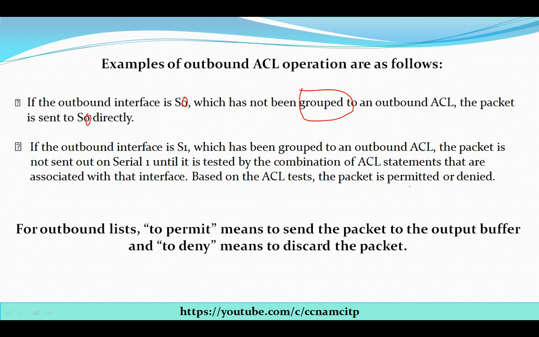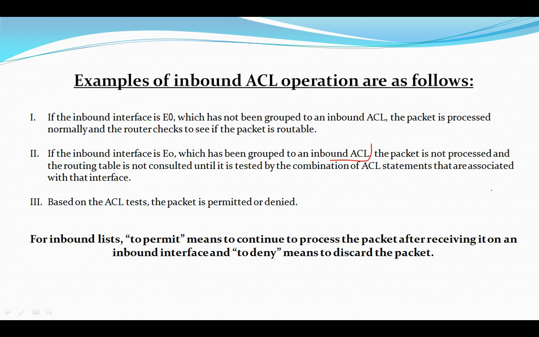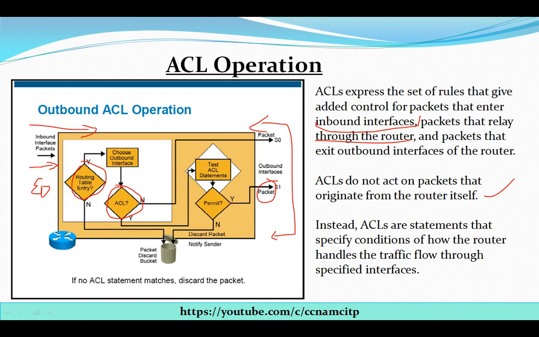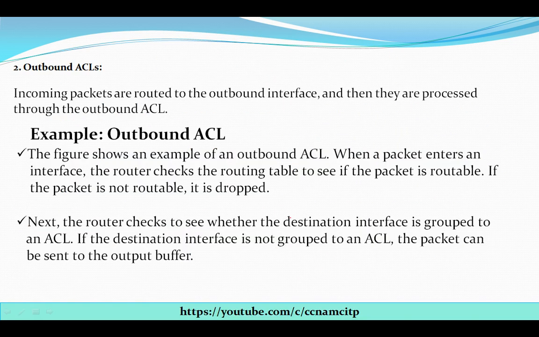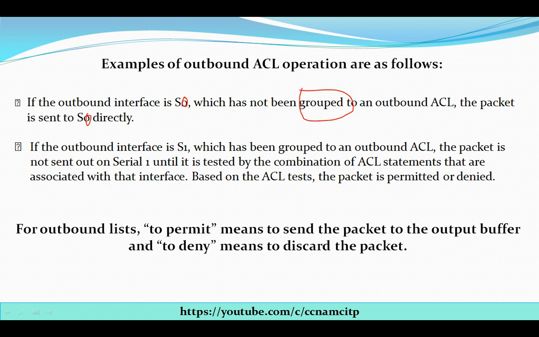Based on the ACL test, the packet is permitted or denied. So again, there will be a test of those statements, whether it is permitted or denied. If it is permitted, it will be routed. If it is denied, it will be discarded. The same thing is mentioned here for the outbound list. To permit means to send the packet to the output buffer, and to deny means to discard the packet.